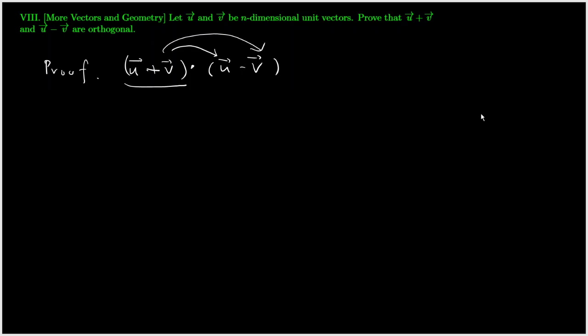So the property says this one is equal to u plus v dot u, and then minus u plus v, then dot v.